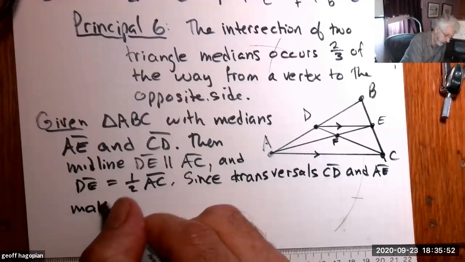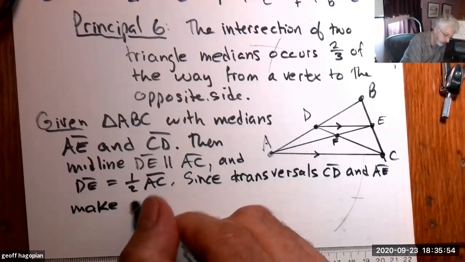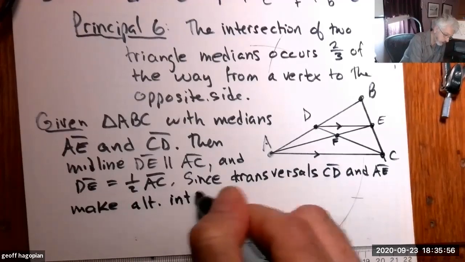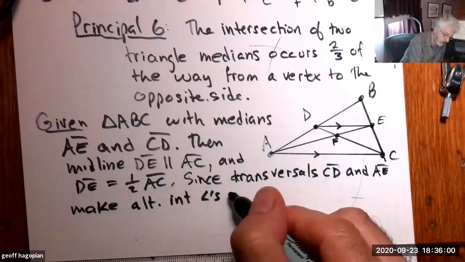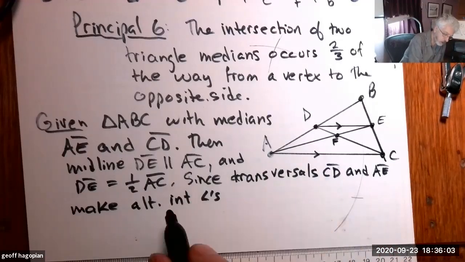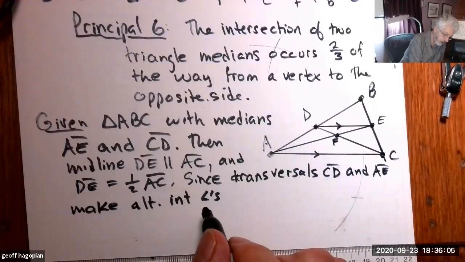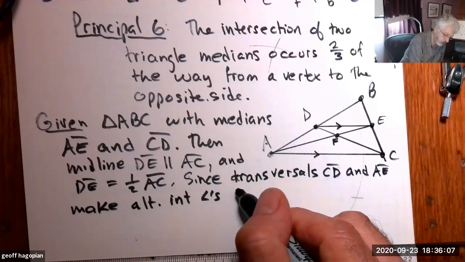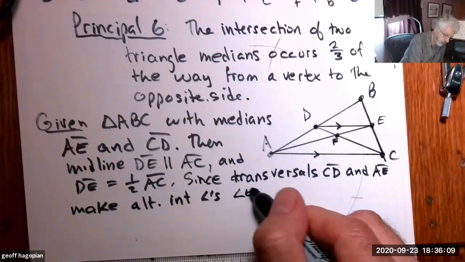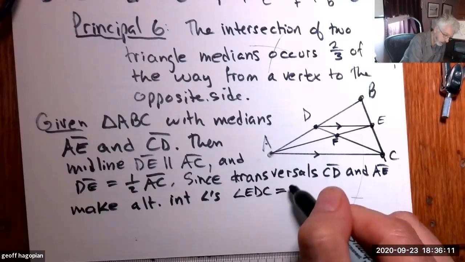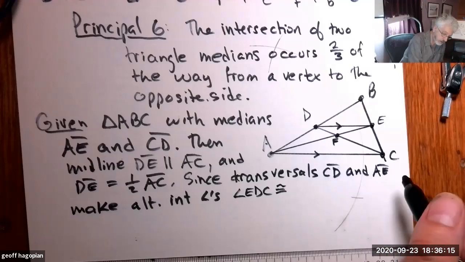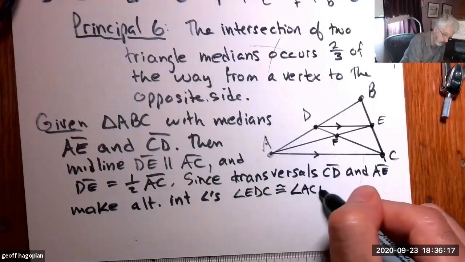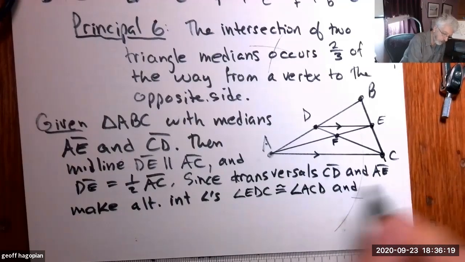Make alternate interior angles. For CD, that's going to mean angle EDC congruent to ACD. And what else?